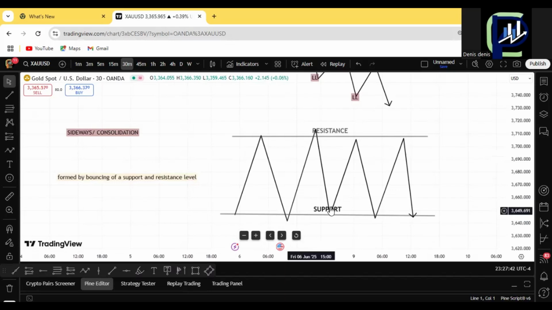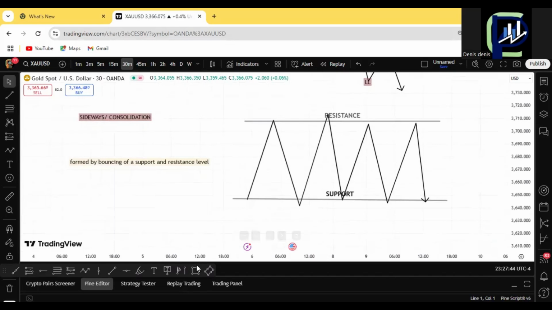I have drawn it this way for a reason. That's why I left these points, okay, I left these points to be a little higher. This is higher, and also made this one to be lower. So you can see it's not textbook that the market is going to move, draw a resistance and then draw a support, and the market is going to just be playing around from here to here, from here to here.